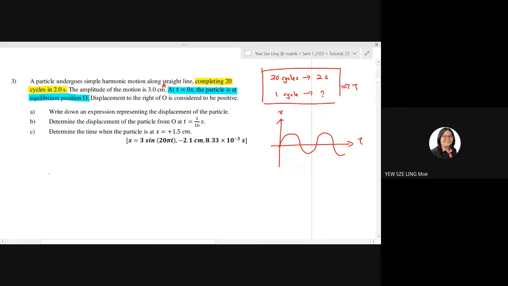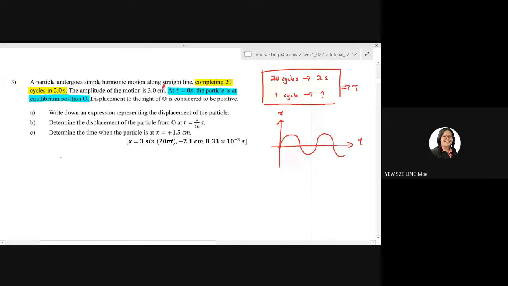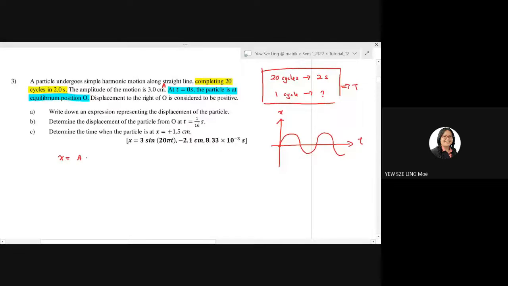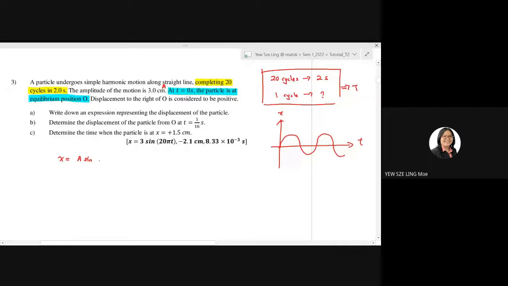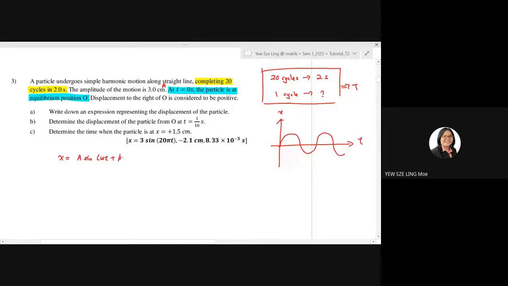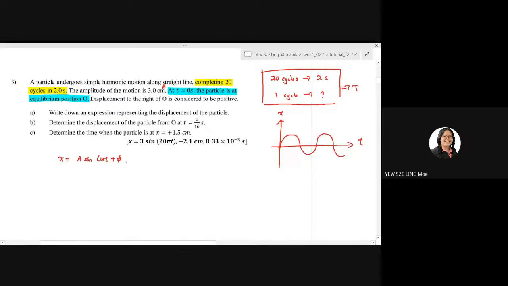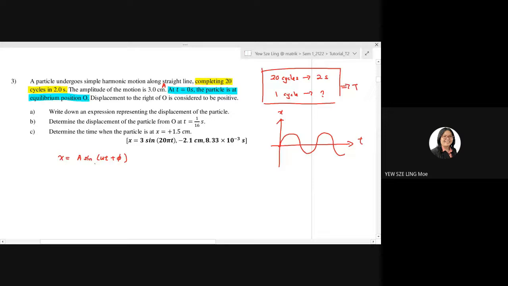First of all, you need to know we have the general equation x equals A sine (omega t plus phi). Usually when we say general equation, we refer to this equation.